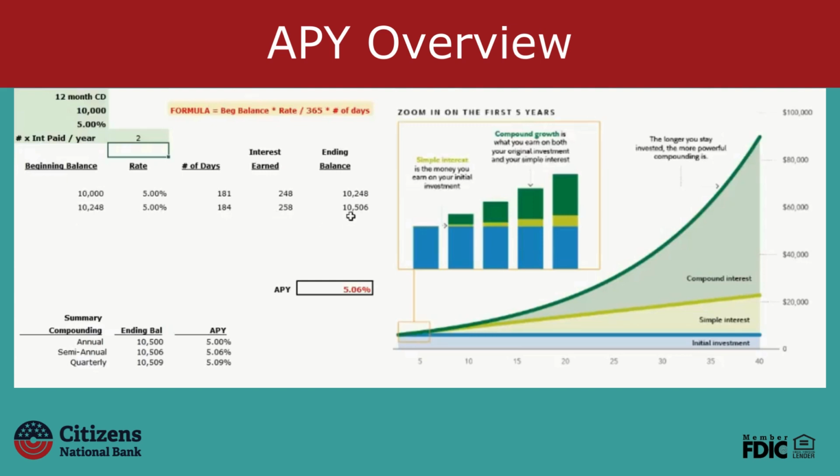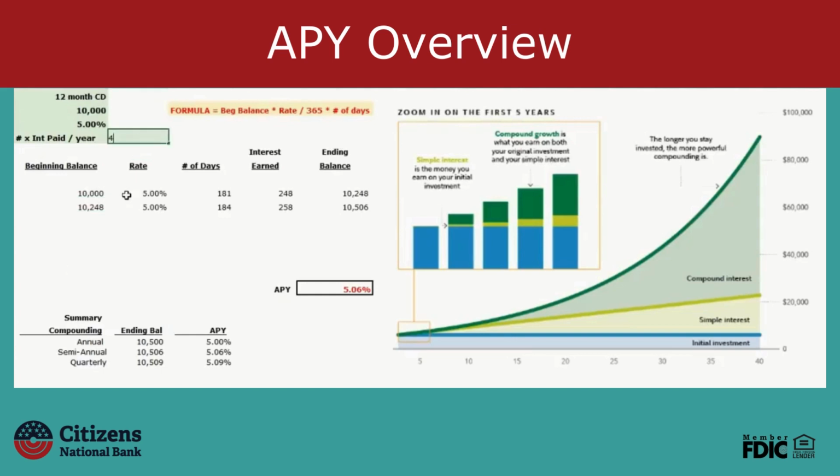So the ending balance in the account is $10,506. That gives us an APY of 5.06%, slightly higher than the interest rate of 5%. So the APY is higher because we paid interest and then we calculated interest on the new balance, which was higher than the original balance.